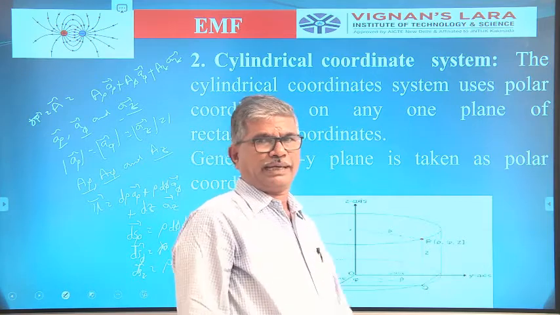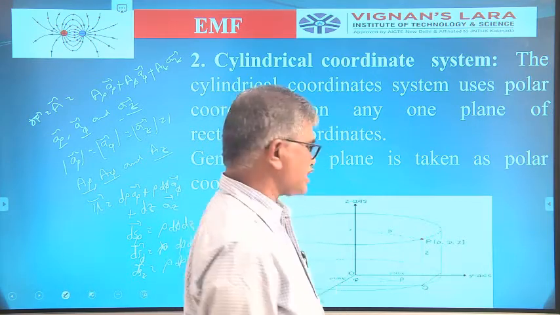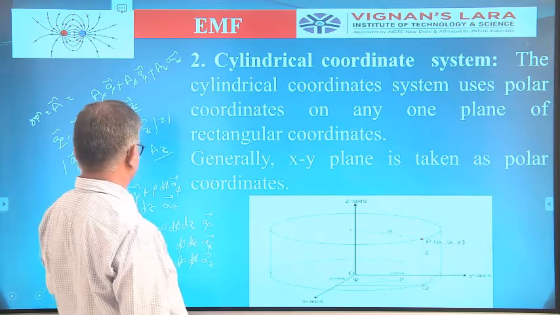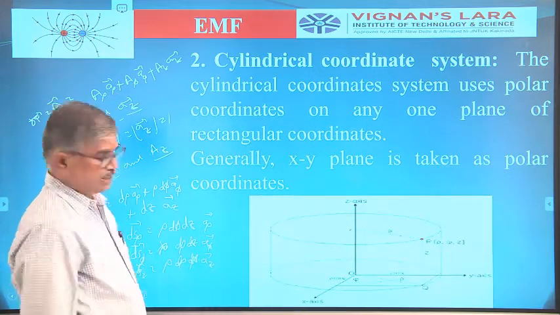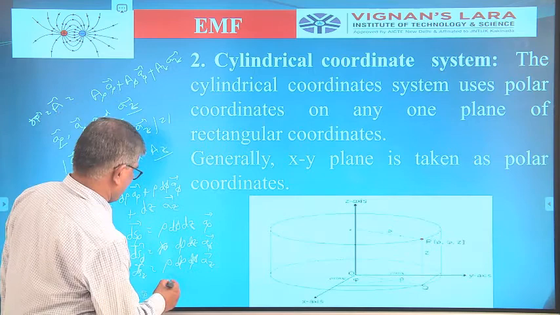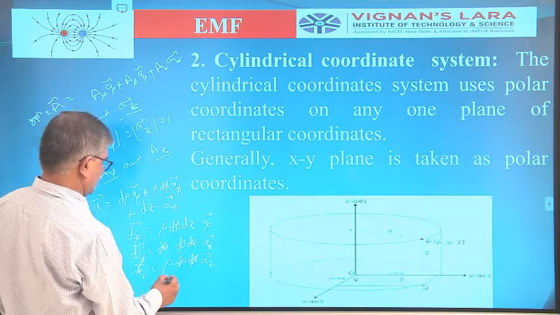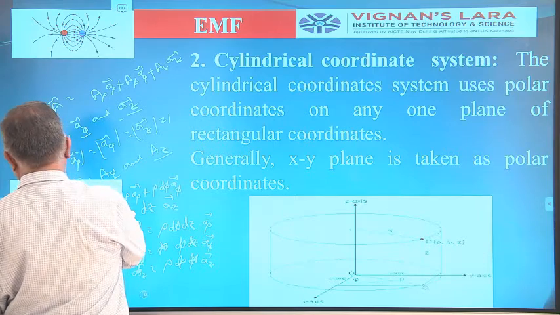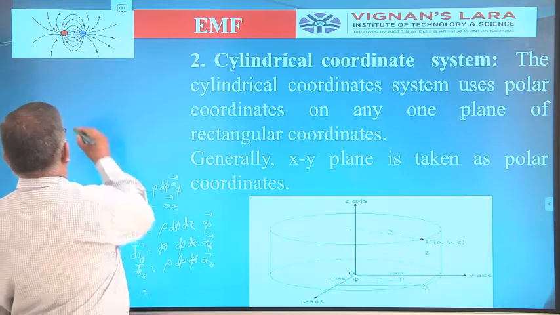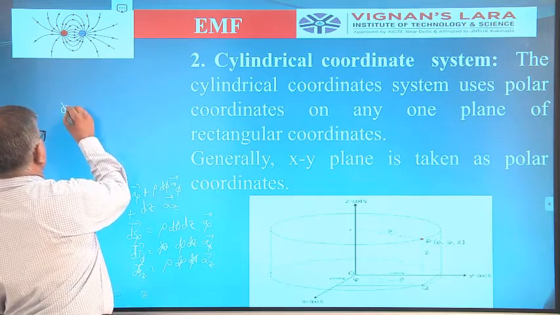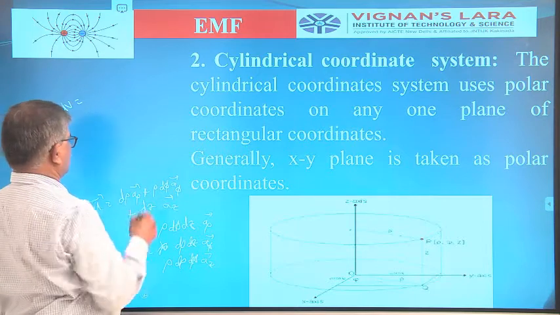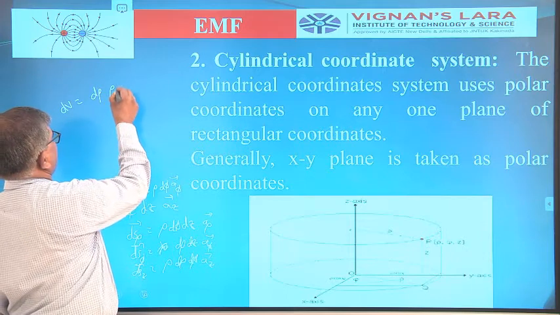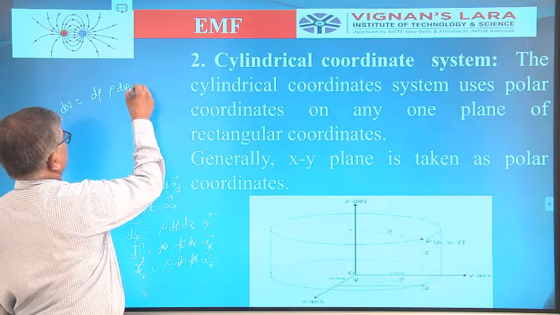So in electromagnetic fields, throughout the syllabus we consider the differential lengths, differential surface areas, and finally the differential volume. So the differential volume dV equal to d rho d phi dz.